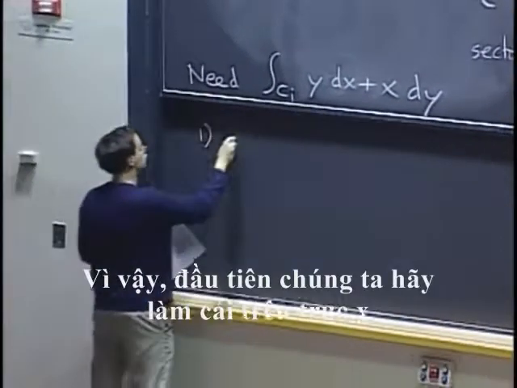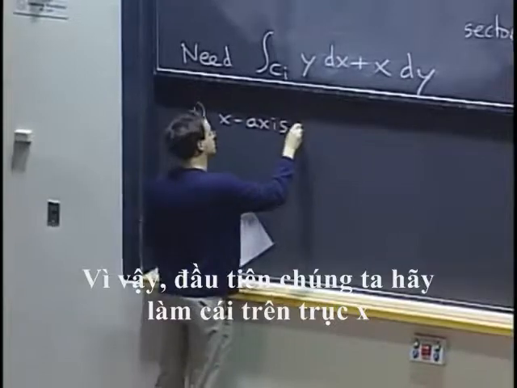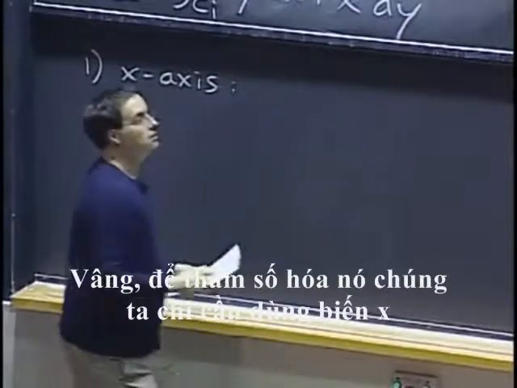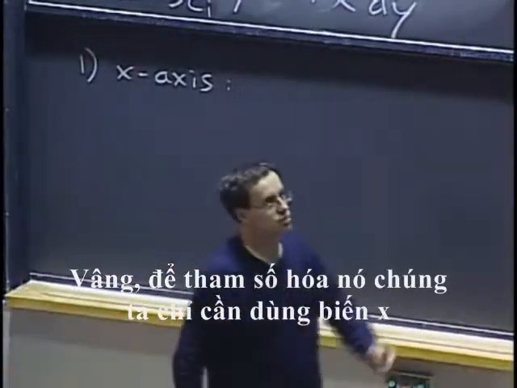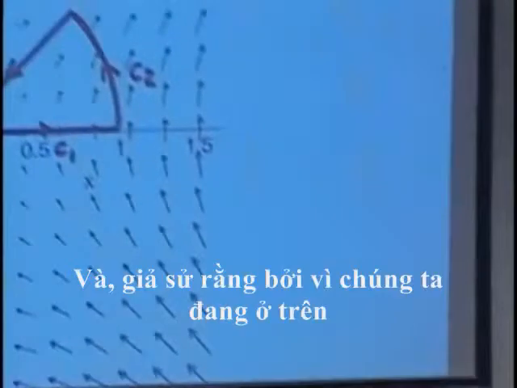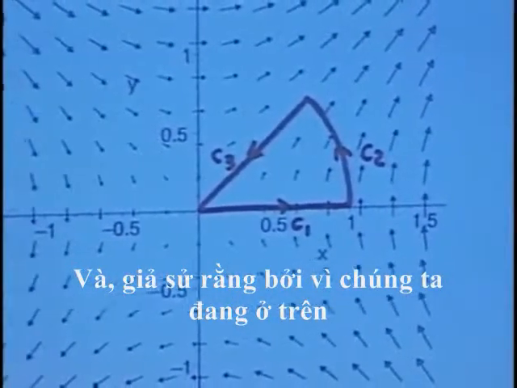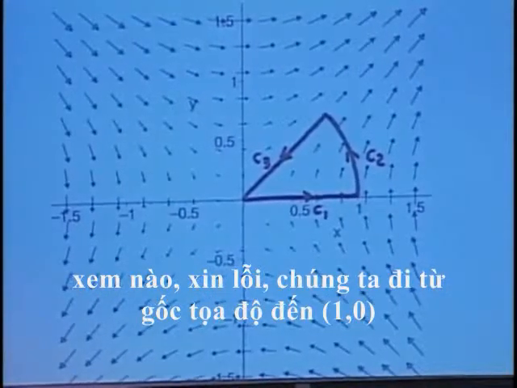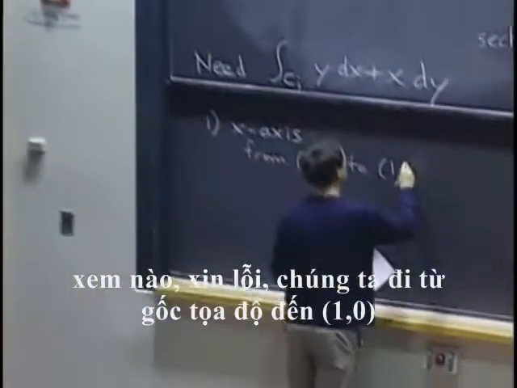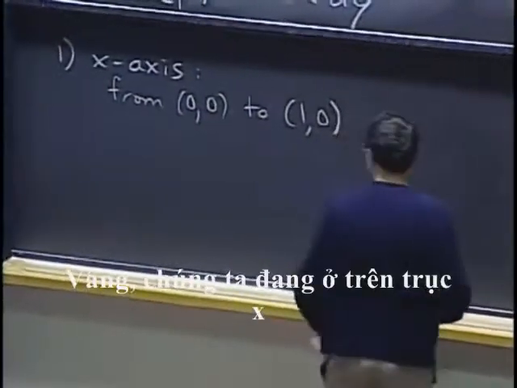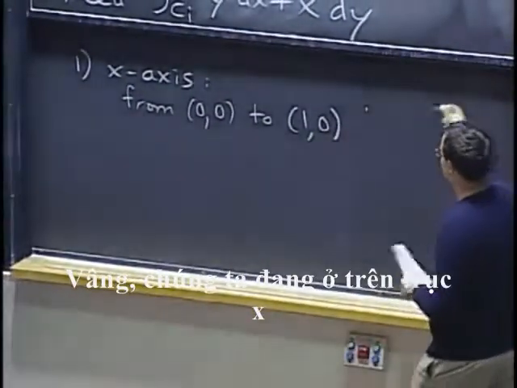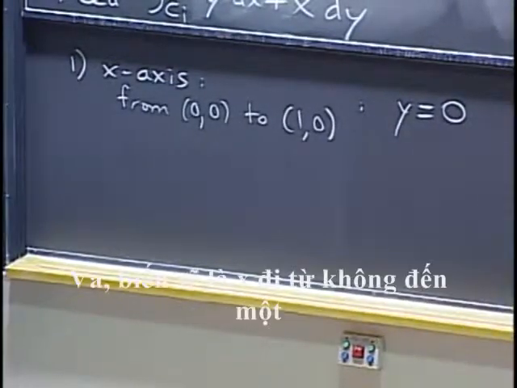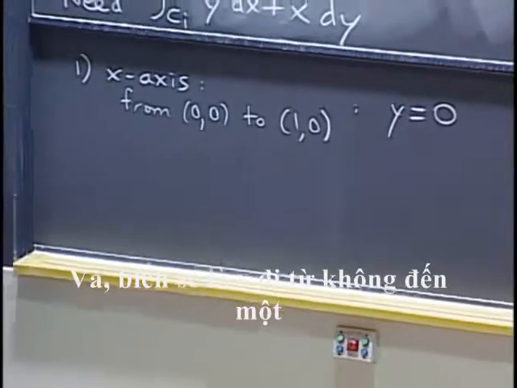So let's do the first one on the x-axis. Well, one way to parameterize that is to just use the x variable. We're going from the origin to (1, 0). We know we're on the x-axis, so y is actually just 0, and the variable will be x from 0 to 1.